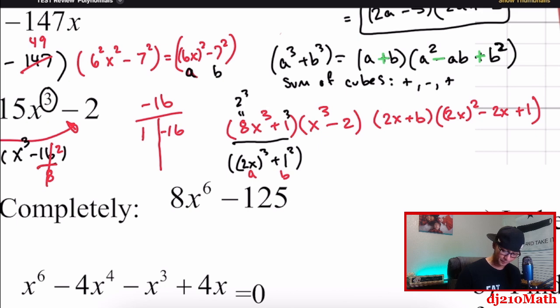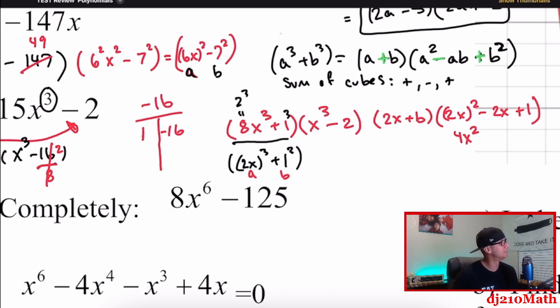This can be rewritten as 4x squared minus 2x plus 1.